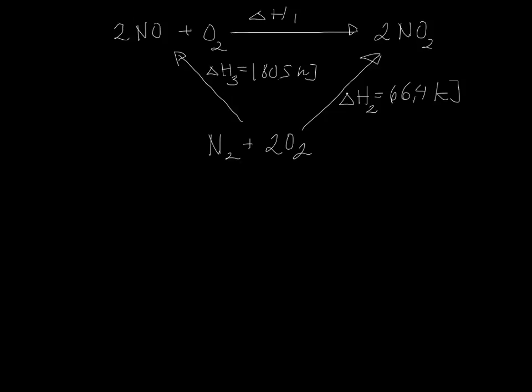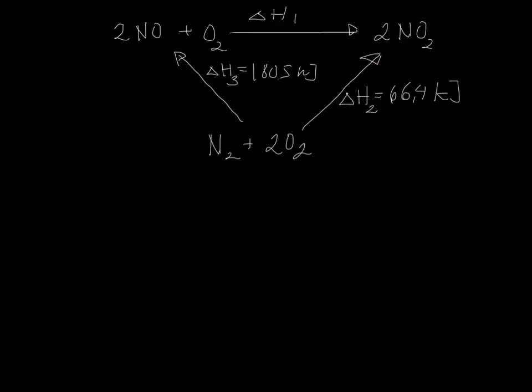Okay, if you know how to add vectors, you can see actually that delta H3, that is this one here, if we add that with delta H1 here, we get this one, delta H2.